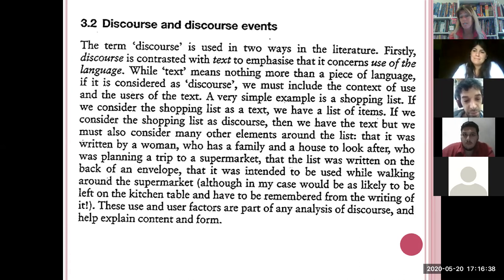That at night, when they come together after a long day of work, they are either going to go out to eat sushi or stay at home and eat sushi. So be careful when we say that discourse is longer than a sentence. That has to do with discourse analysis, because in order to understand discourse, we need to understand the context.